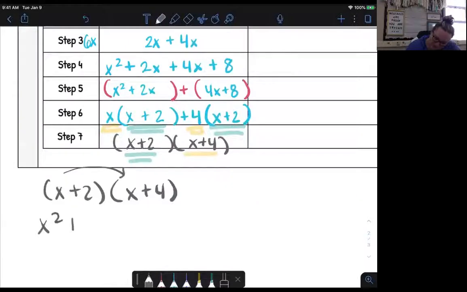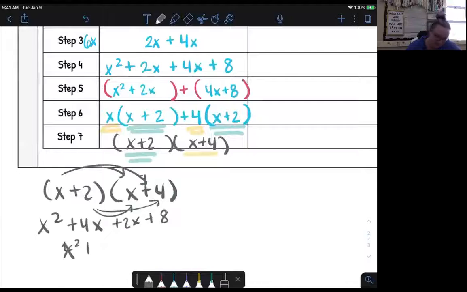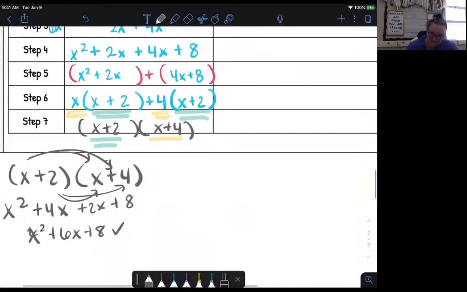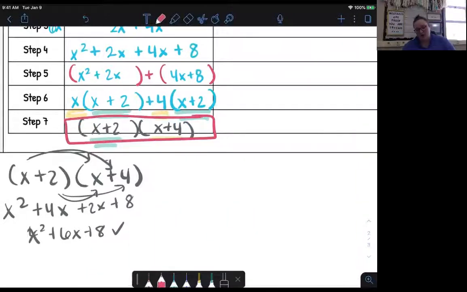X times 4 is 4x. 2 times x is 2x. And then 2 times 4 is 8, combine like terms, and we're left with x squared plus 6x plus 8, which matches what we started with. So we know that this is, in fact, the factored form of x squared plus 6x plus 8. And there we go, we've just factored again.